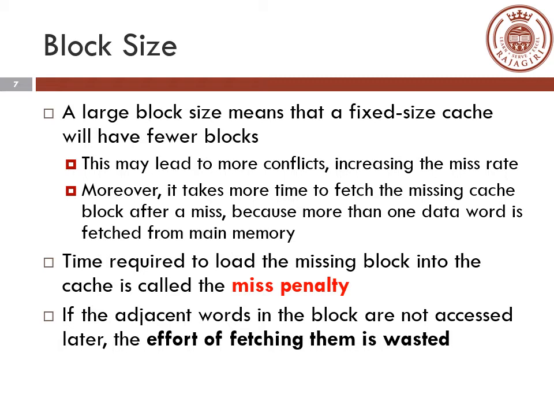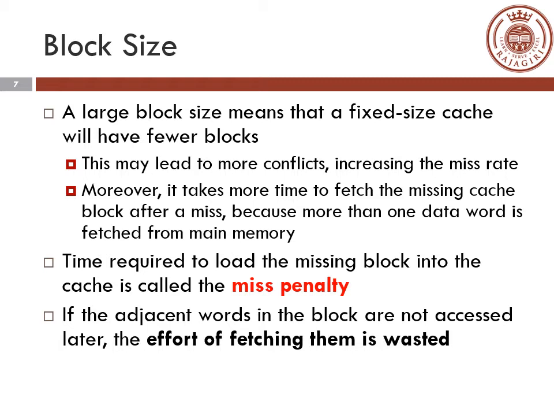Since the number of sets or number of blocks gets reduced, this may lead to more conflict and that will increase the miss rate. So if you are not getting the advantage of spatial locality, definitely this large block size will lead to more conflict and will increase the miss rate. But if you are having the spatial locality advantage, definitely the miss rate will be reduced.